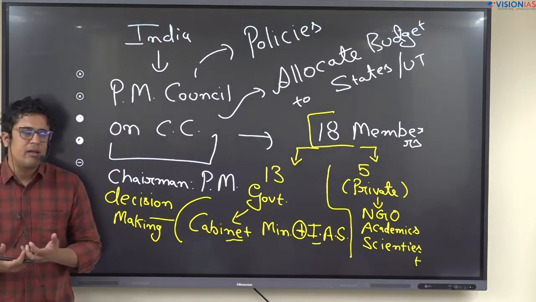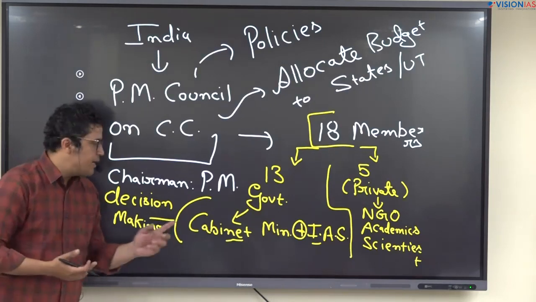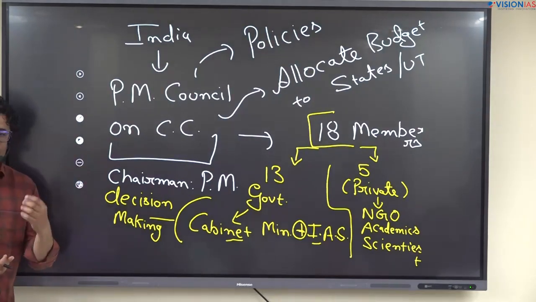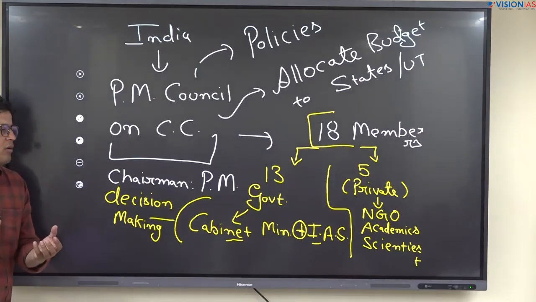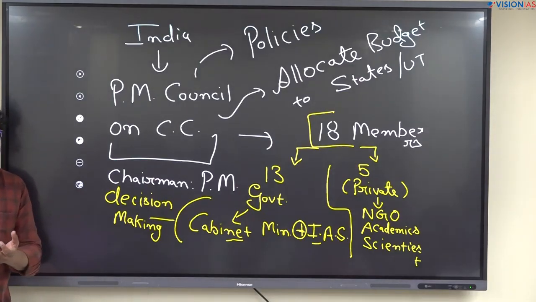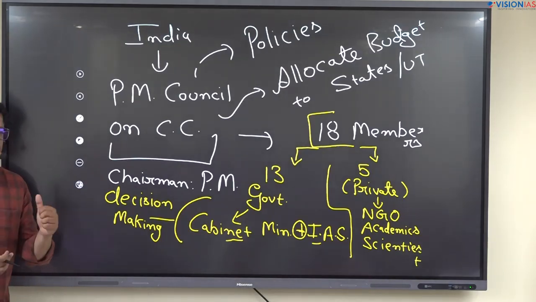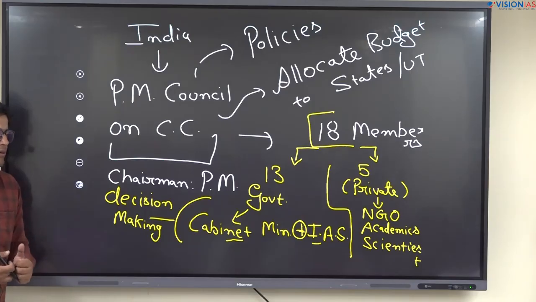Rapid decision making can occur. And that is the purpose of this council, rapid decisions. It can only be done when you invite all the decision makers. So this is the topmost organization of India with respect to climate change. Read about them.